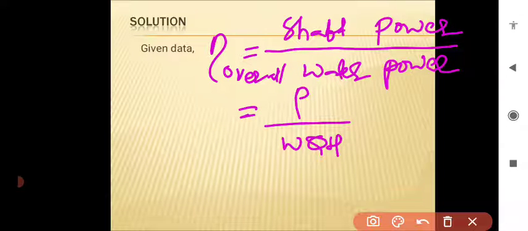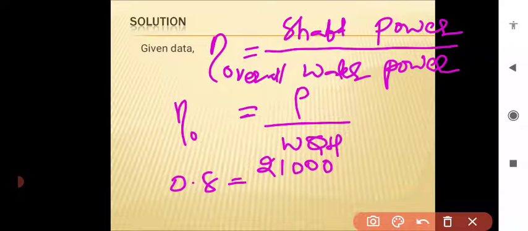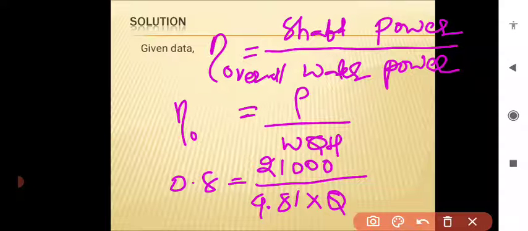So from this we will get the Q value. Overall efficiency is 80%, that is 0.8, equal to power 21,000 by W, we know the W value, W is 9.81, and we have to calculate Q from here, and H is given, H is equal to 20 meter.